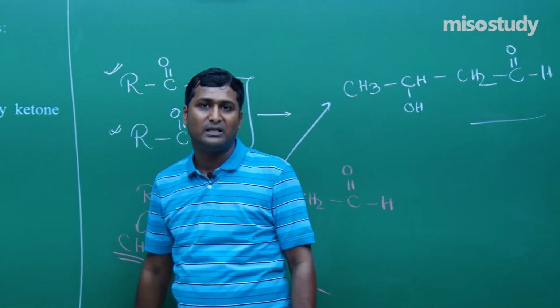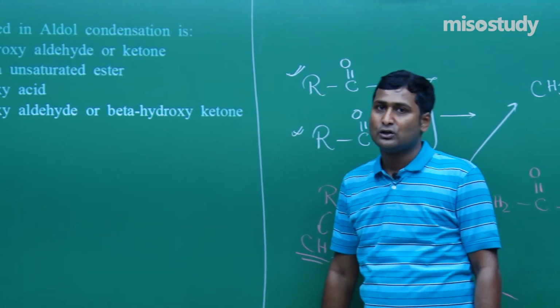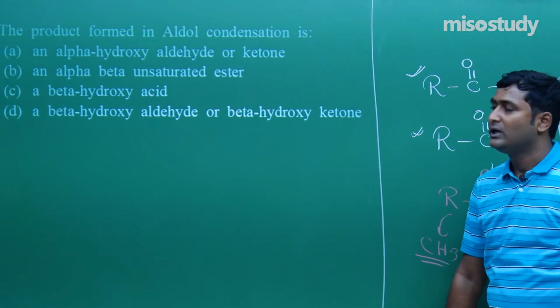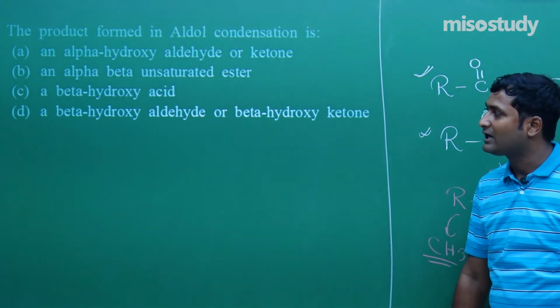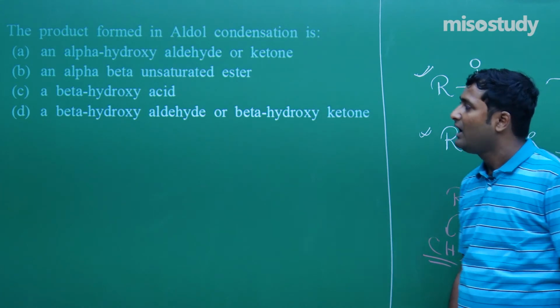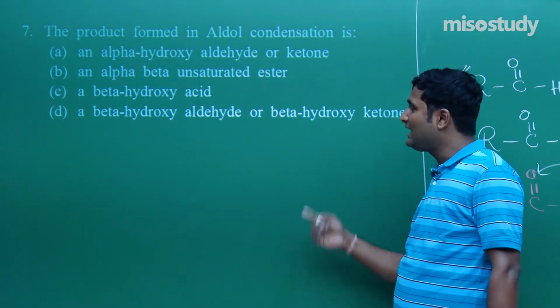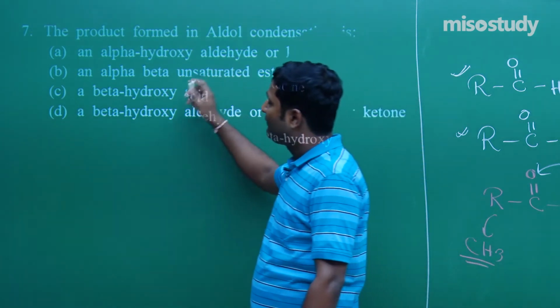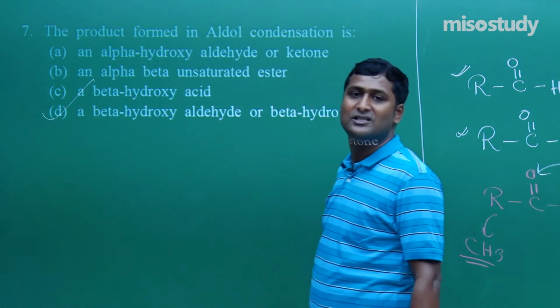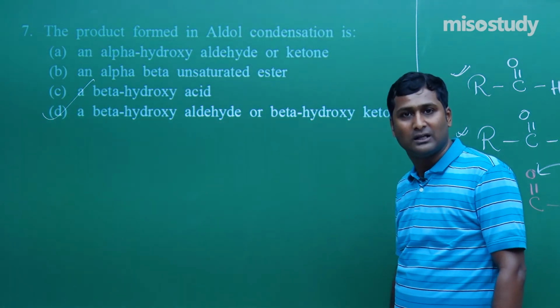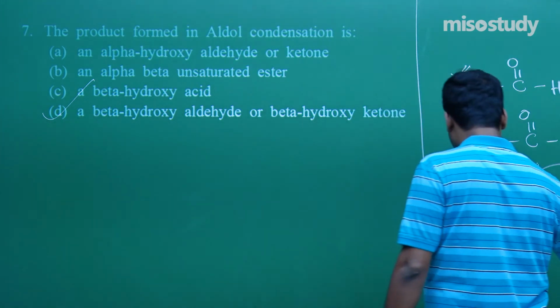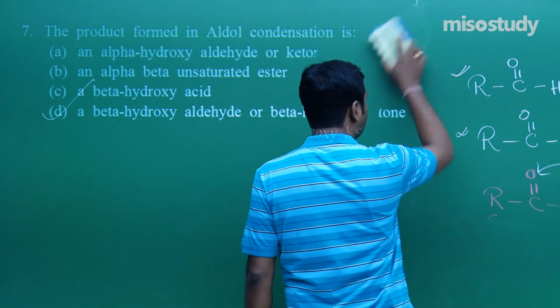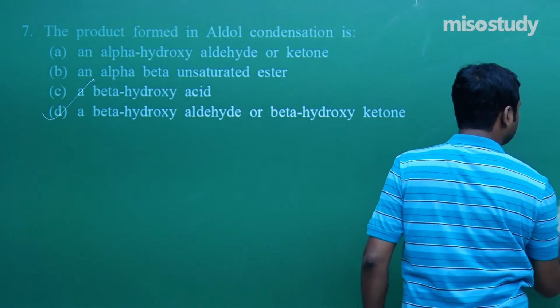Similarly, we get beta hydroxyketone. So if anyone asks you the product formed in aldol condensation, it is very simple, beta hydroxyaldehyde or beta hydroxyketone. For question number 7, D is the correct option. Clear to you? Now friend, I'm going to rub this part and we'll discuss the next one.